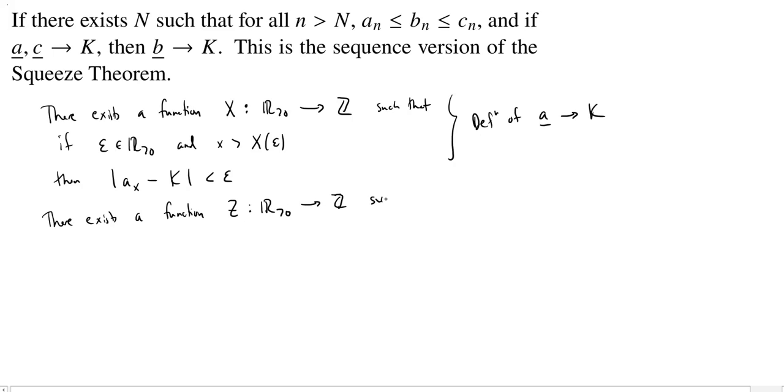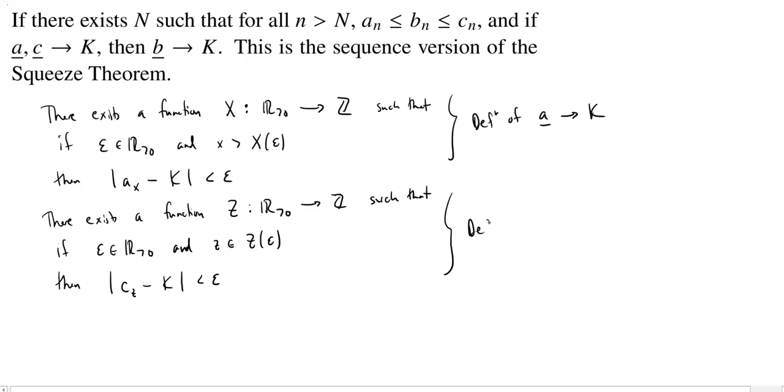And again, that's such that if we have some positive real number epsilon, and if you take some index which is past the eventually number, Z of epsilon, then the difference between c_z and k will also be less than epsilon. All right, and that is our definition of c converging to k.